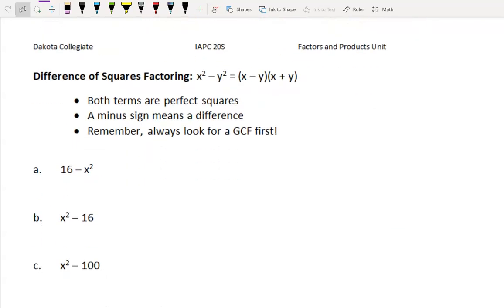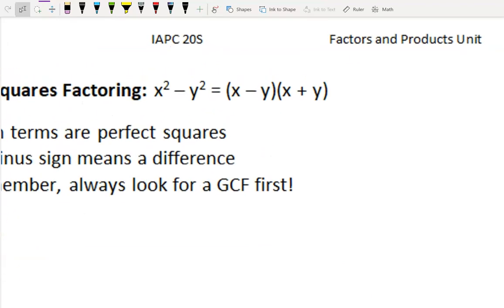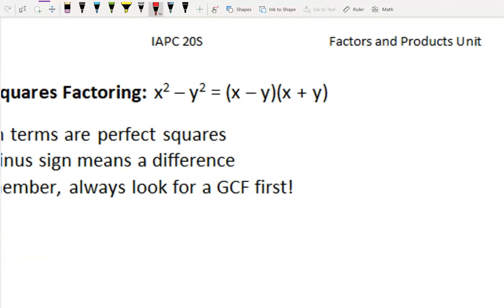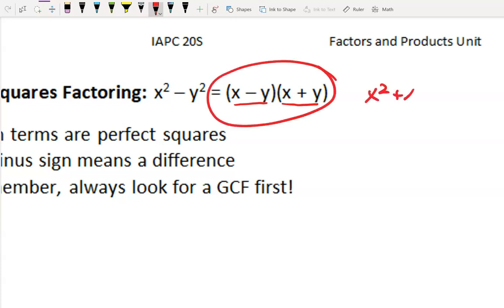And then we're going to see something called difference of squares. Remember when we were foiling this, and I showed you that when you have conjugates, one's positive, one's negative, that the middle terms disappear? If you were multiplying this, you would end up with x squared plus xy minus y squared, and these middle terms cancel out. Alright?